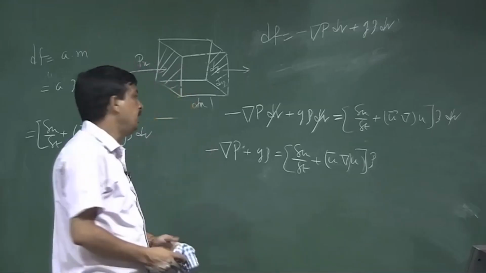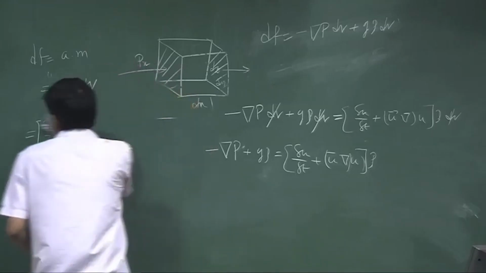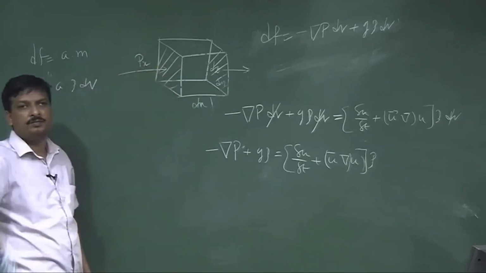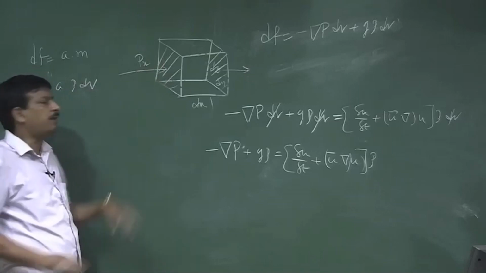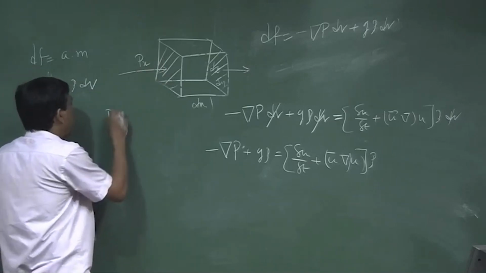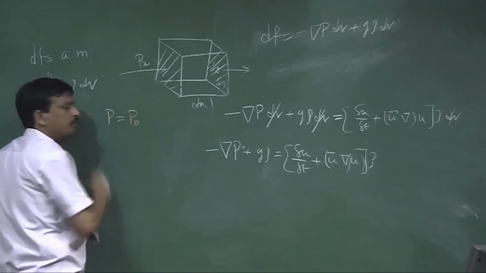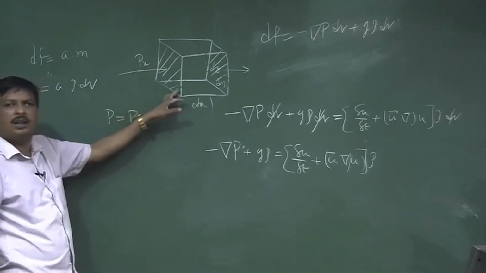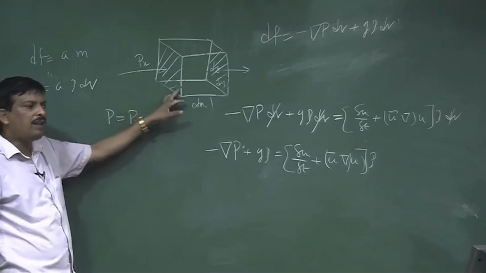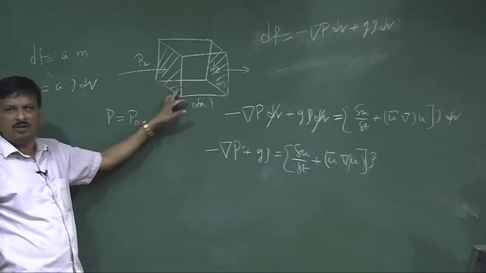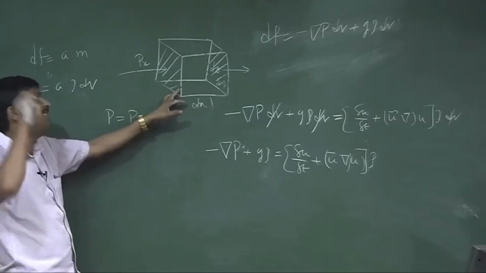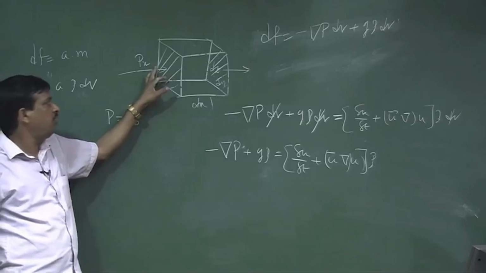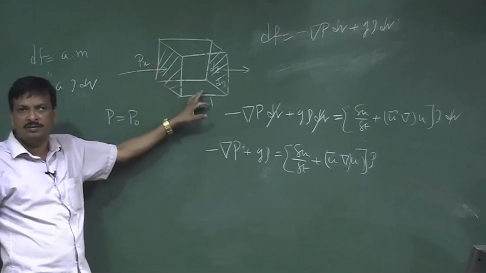Okay. Now think about if there is no acoustic pressure. No acoustic pressure means the total pressure is equal to P0. So which force is applied only? Gravitational force. At equilibrium condition, when no acoustic excitation is injected, the acoustic excitation is 0, then only the gravitational force is acting.